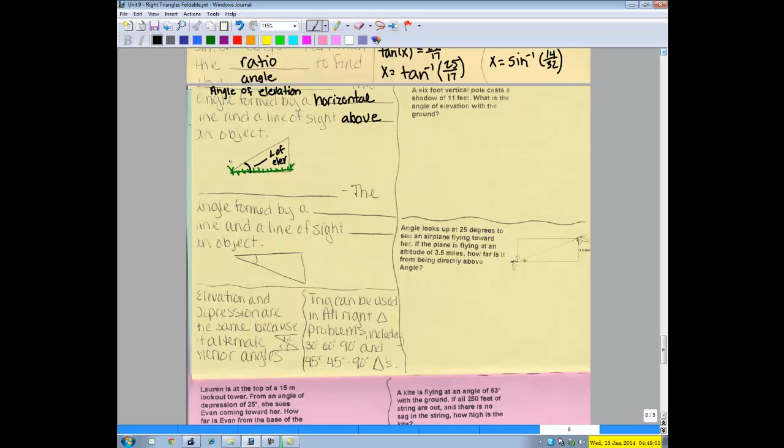The next part says angle of depression. The angle formed by a horizontal line and a line of sight to a point below an object.